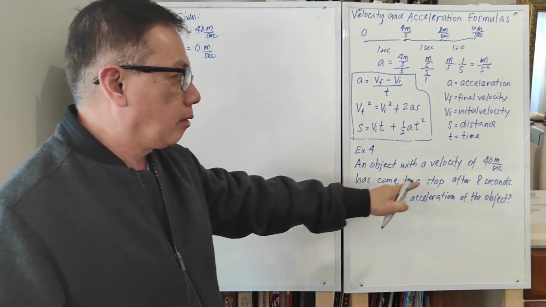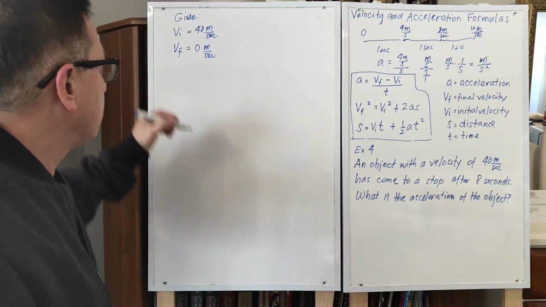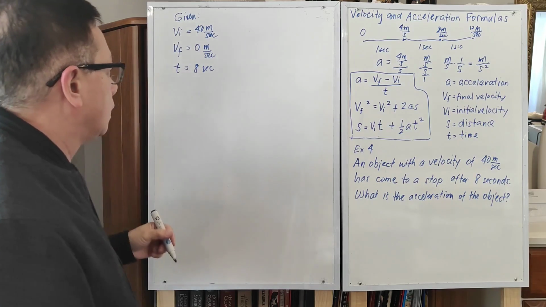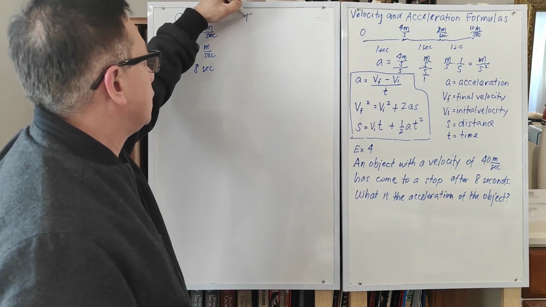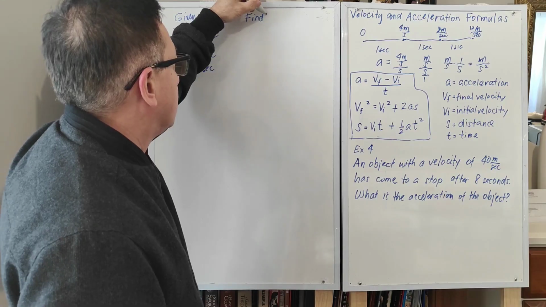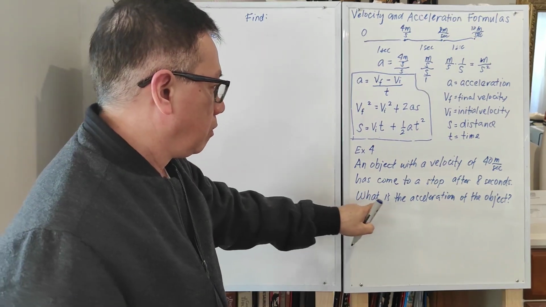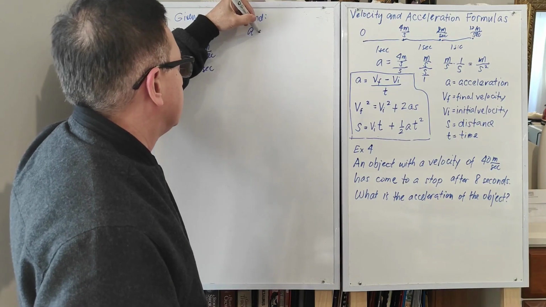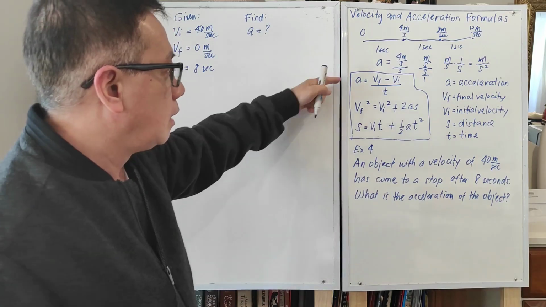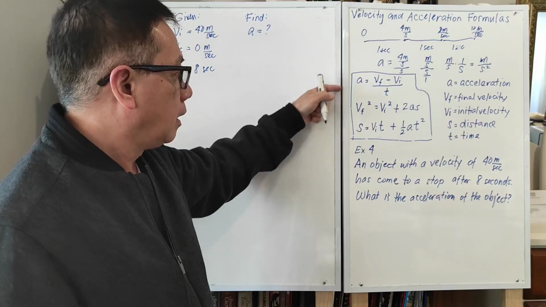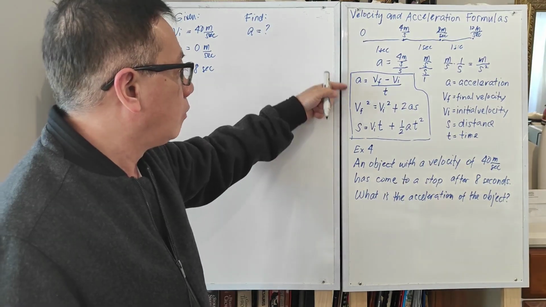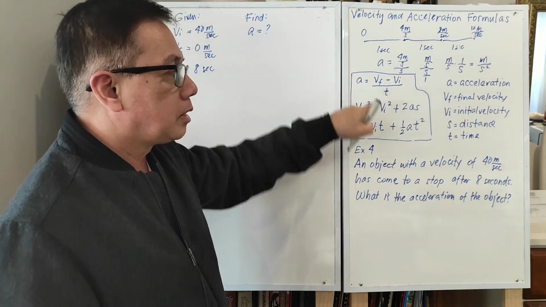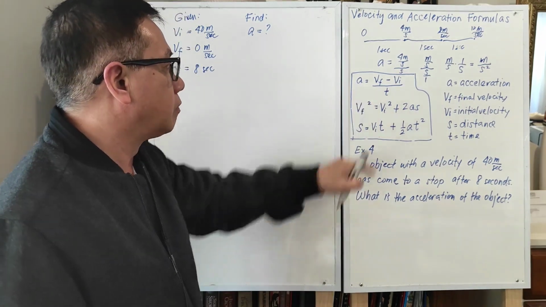After 8 seconds, now 8 seconds is a unit of time, so your time is 8 seconds. Now, what is being asked? Find the acceleration. So, in our formula, the formula that we need is this one. So, we just substitute the values in this formula.